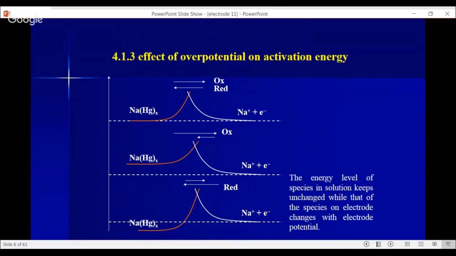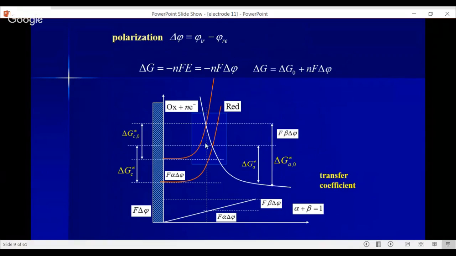If the magnitudes of the anodic and cathodic reactions are different, the anodic oxidation current is more and the cathodic reduction current is less, then this type of potential distortion will take place. In the same way, when the anodic current is low and the cathodic reduction current is more, the potential energy curve will now be this. The energy levels of the species in solution remain unchanged, while those of the species on the electrode change with the electrode potential. The same thing is shown here in a different way.